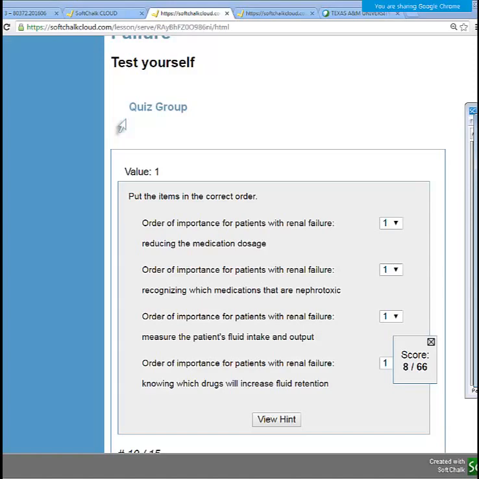Well, how am I going to know what to focus on? In one of my postings I put, if it's sodium, think brain function. If it's calcium, think muscle function. And if it's potassium, think of the heart and heart function.